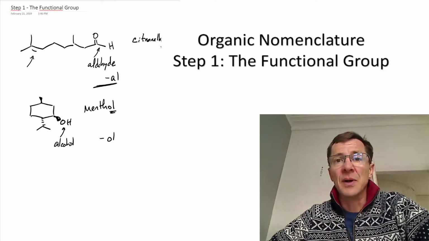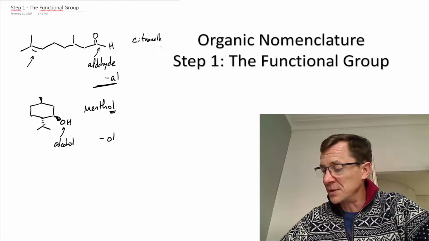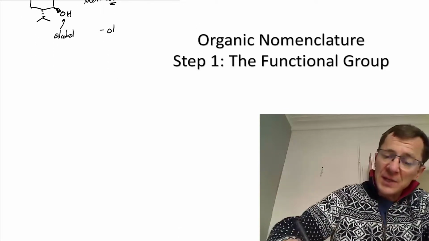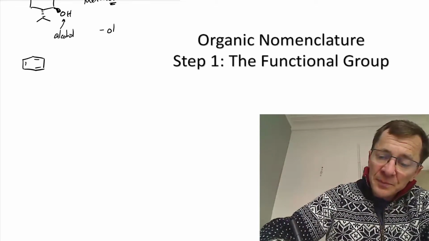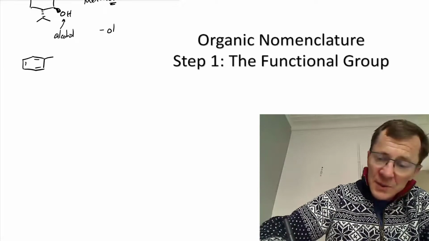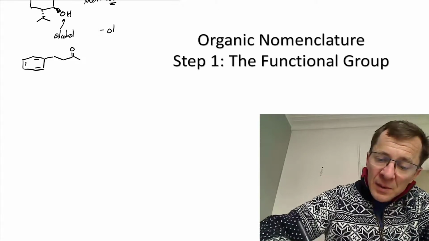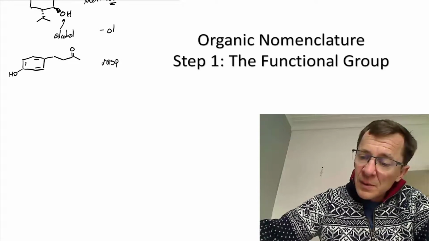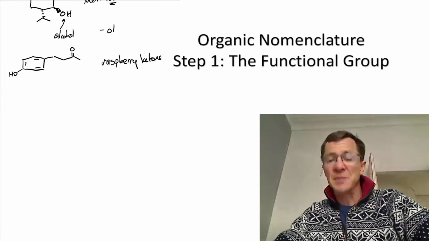That's all pretty straightforward. Where it gets a little bit tricky is when you have to choose between more than one functional group. And to do that, with a molecule like, for example, raspberry ketone, there's our raspberry ketone there.